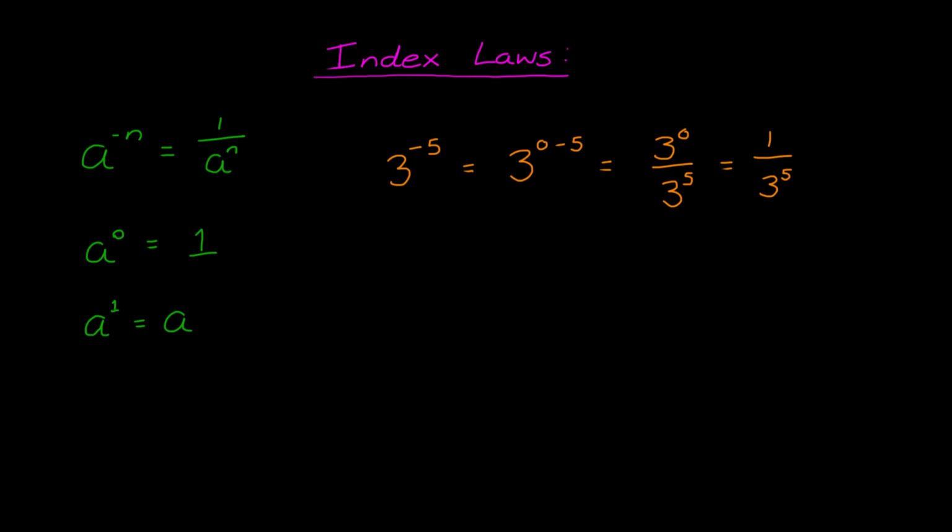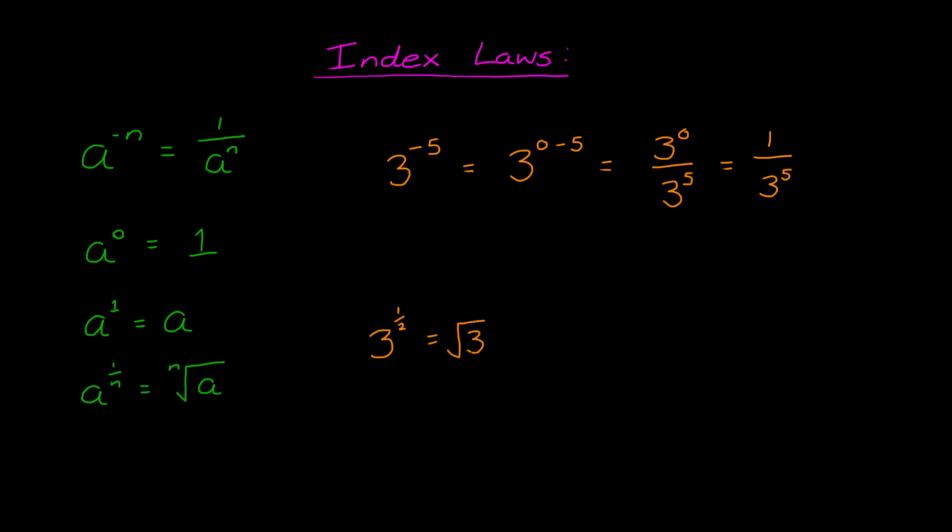Another index law that's kind of an obvious statement is that any number to the power of 1 is just itself. And our final index law is actually rather an interesting one, and that's that a to a fractional power 1 over n is actually the nth root of a. So for example, if we have 3 to the power of 1/2, that equals the square root of 3.